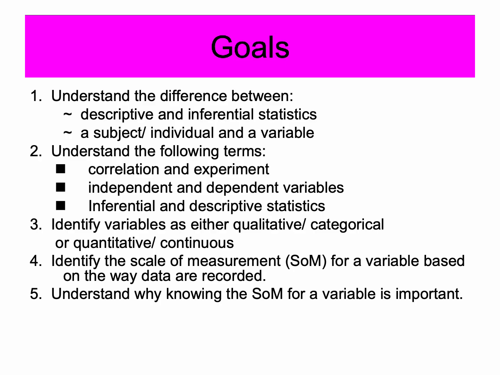and we'll also want to go through some of the basic concepts underlying statistics, like what is the difference between a correlation and an experiment? What is the difference between an independent and dependent variable, which we'll often refer to as IVs and DVs? And as I mentioned, inferential and descriptive statistics, being able to define them and know when we're using which and why.